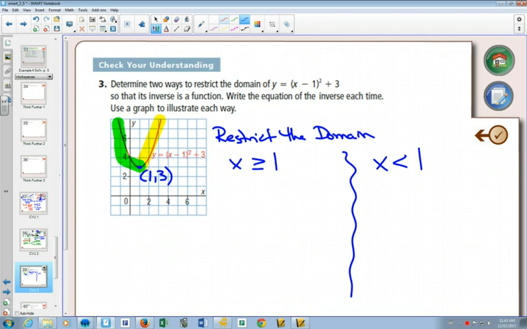Now, to find the equation of the inverse each time, I'm just going to erase some of this line. I'm going to start off finding the equation the same way I always have. Switch the x and the y.